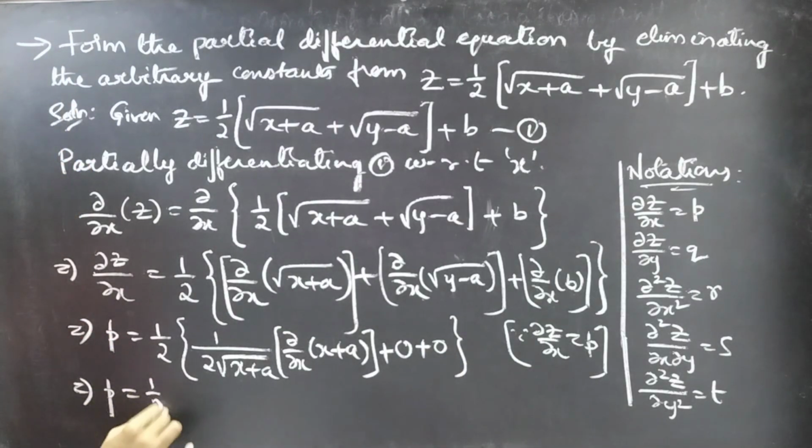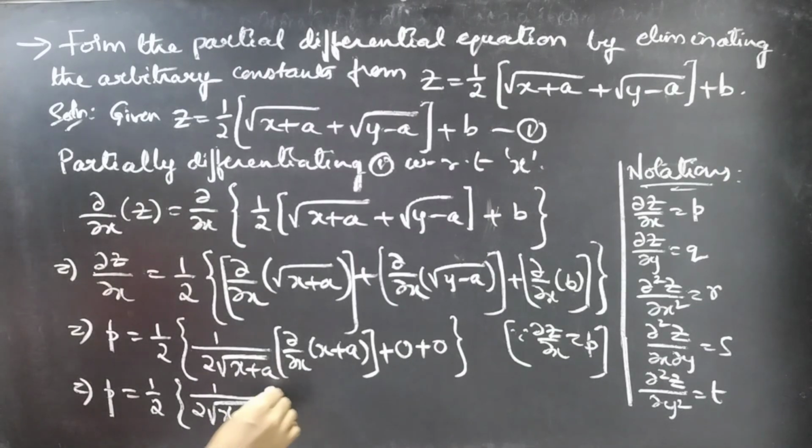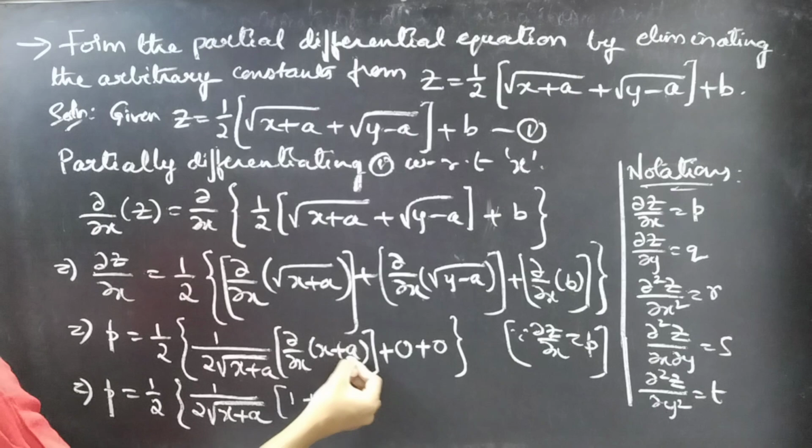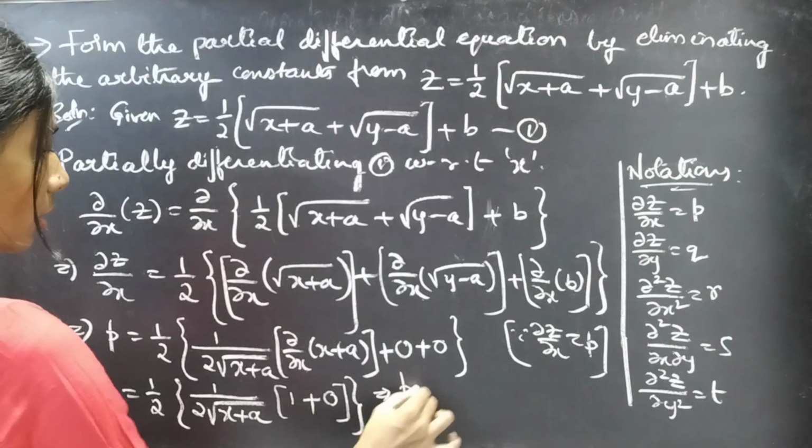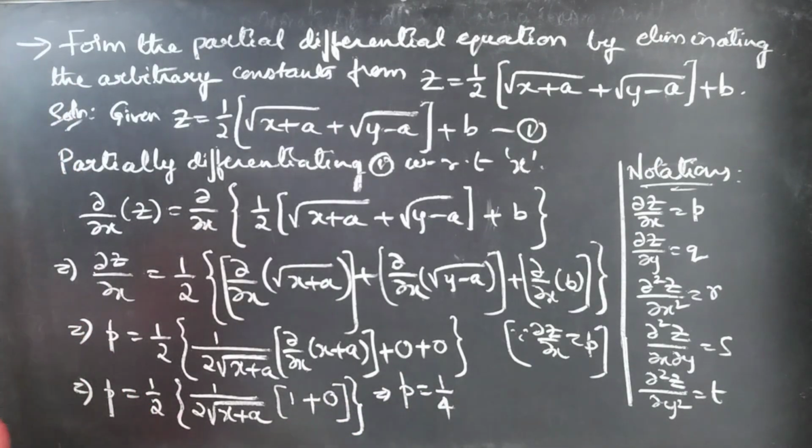p equal to 1 by 2 into 1 by 2 root x plus a into the partial derivative of x with respect to x, which is 1, plus the partial derivative of a constant with respect to x, which is 0. Which gives us p equal to 1 by 4 into square root of x plus a.